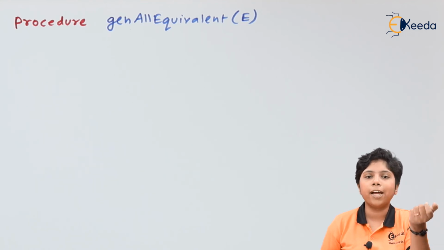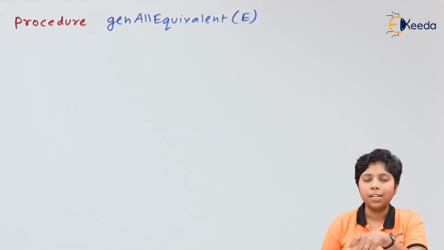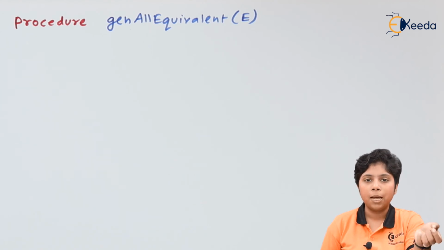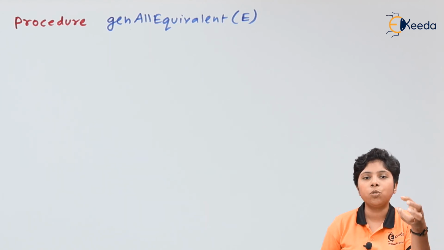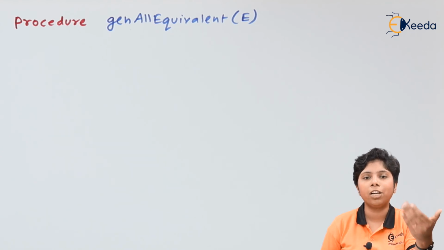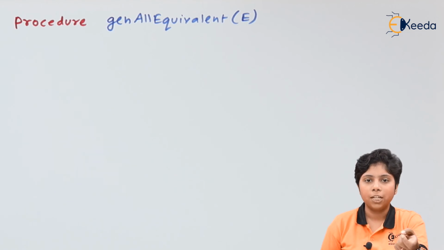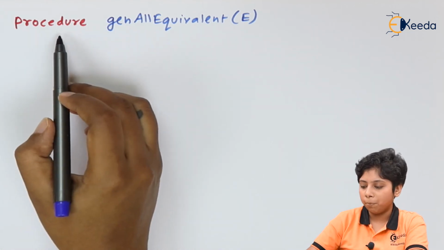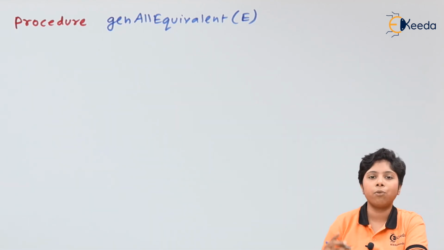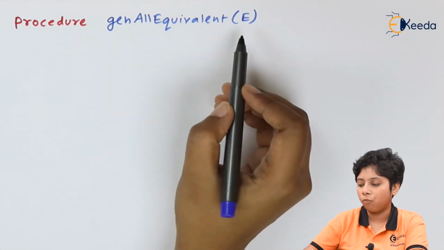If these are expressed in one evaluation of the equivalent expression, then there is no need to generate more expressions, because our motive is to optimize the query processing, not just generate relational expressions or transform them to a subquery. So here we are describing a procedure called gen all equivalent. That means it will generate all equivalent expressions of an E.